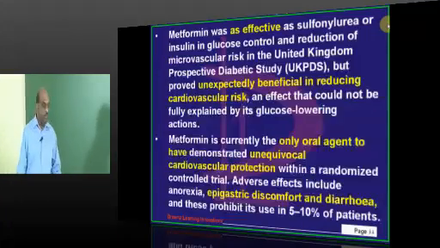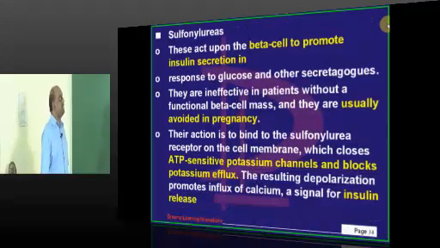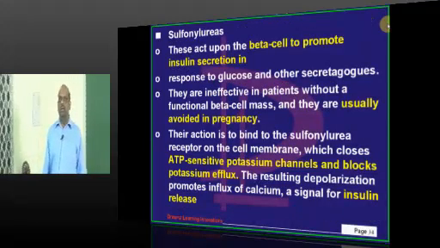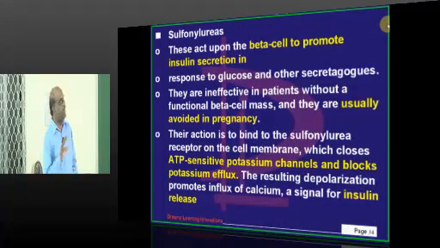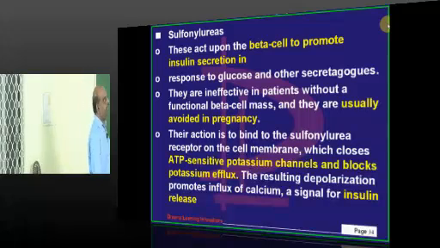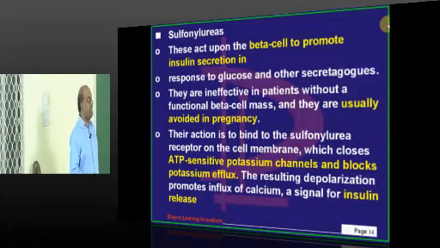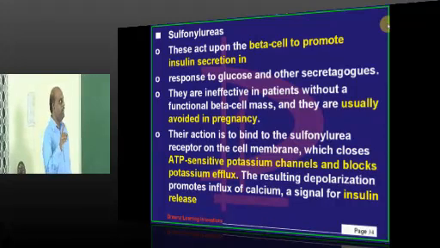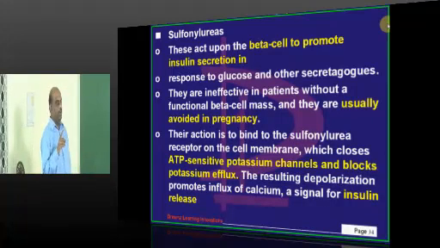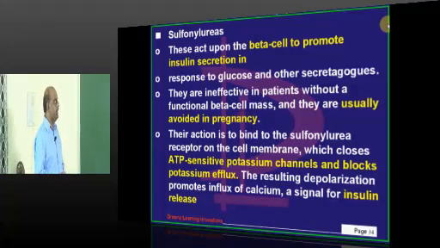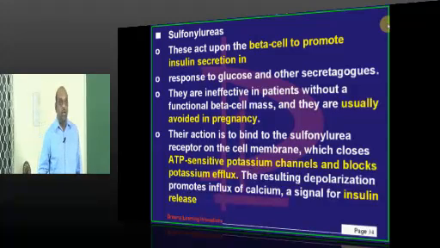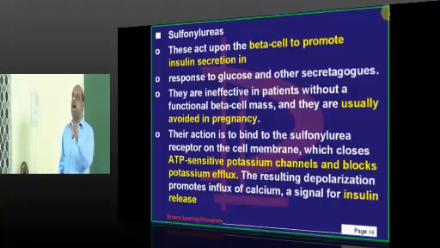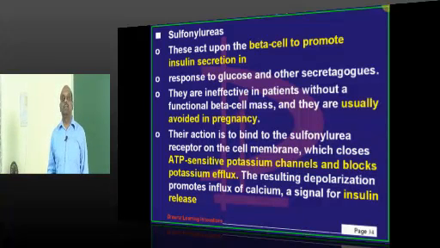Now, sulfonylureas, they are called insulin secretagogues. What do they do? They act on the beta cell and increase the secretion of insulin. Typically, if you take a sulfonylurea, it is never effective unless beta cells are present.